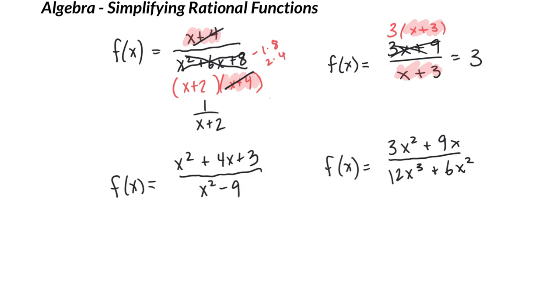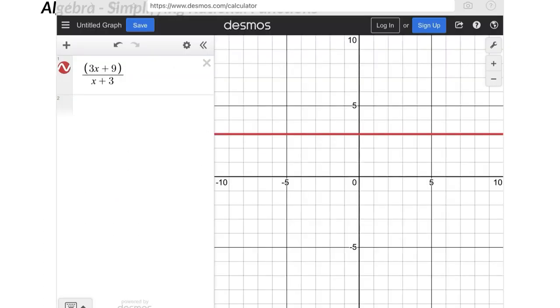So even though I have this rational function, it ends up just being the number 3, which is a horizontal line. Let's take a look. Even though it looked like a very complicated function, it just ends up being a horizontal line located at 3.